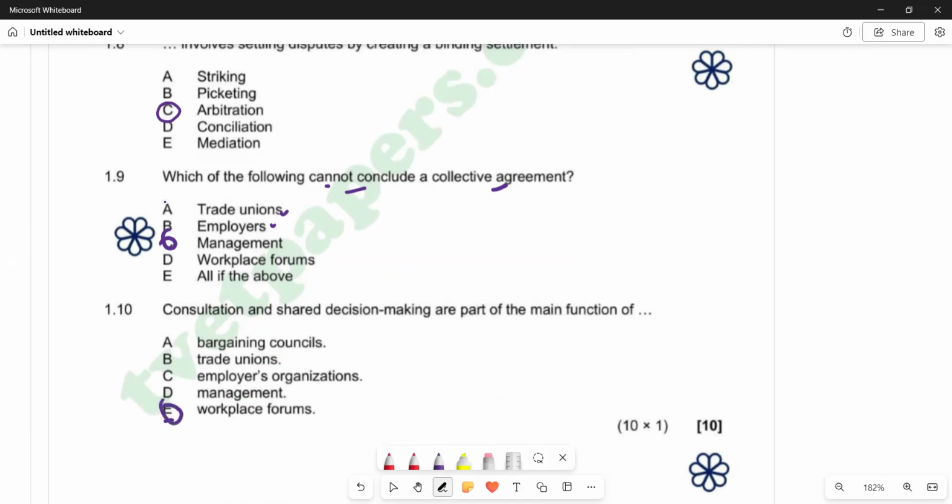Remember, the question is saying consultation and shared decision making are part of the main function of. On the explanation of workplace forums, we are saying they usually meet with employers on a regular basis for consultation on workplace issues. So basically, we are saying consultation is one of the keys under the workplace forums.